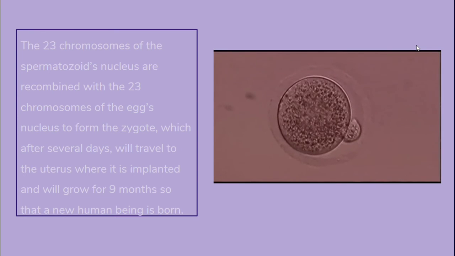The 23 chromosomes of the spermatozoid's nucleus are recombined with the 23 chromosomes of the egg's nucleus to form the zygote. The zygote is a cell that contains all the genetic information necessary to form a new individual, and the zygote, after several days, will travel to the uterus, where it is implanted and will grow for 9 months so that a new human being is born.